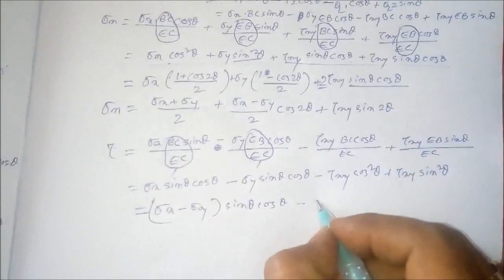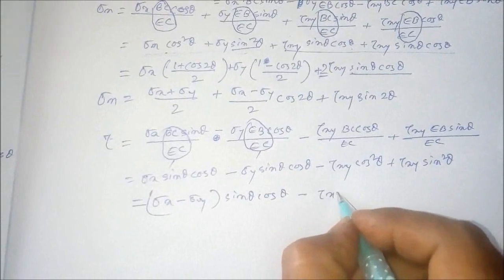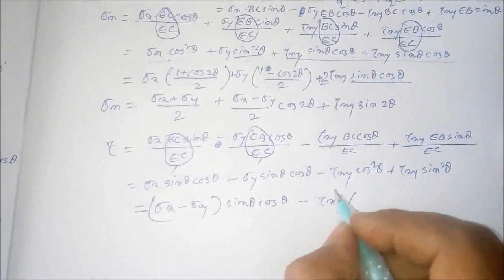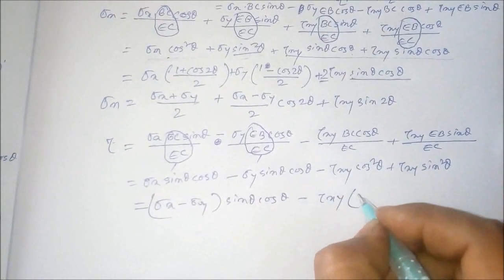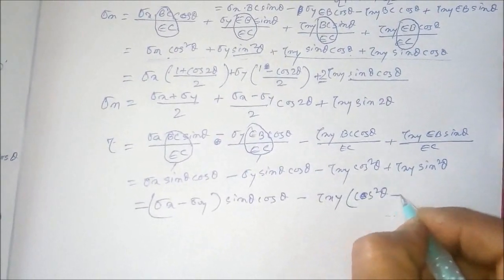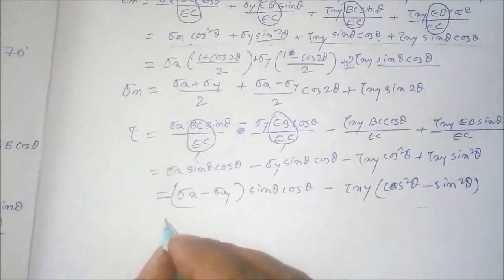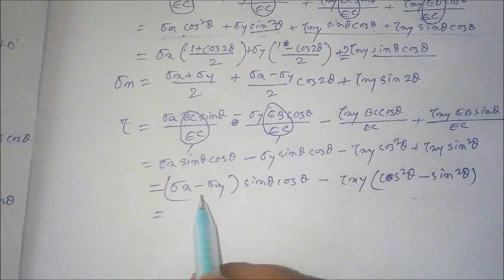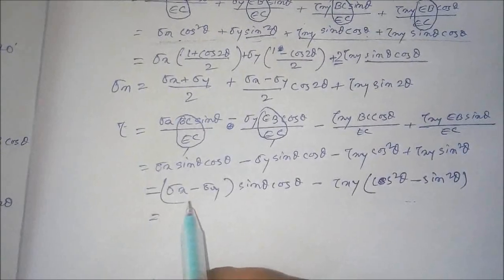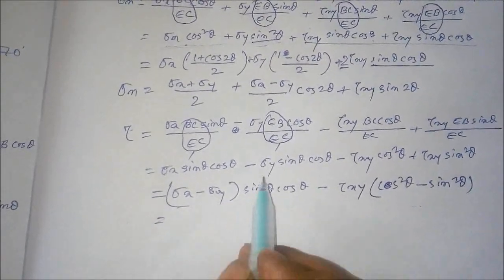minus tau xy. If we take common minus tau xy from these two, we'll be getting cos square theta minus sin square theta, right? Now just like the last example, we have to multiply and divide with 2 for this part.